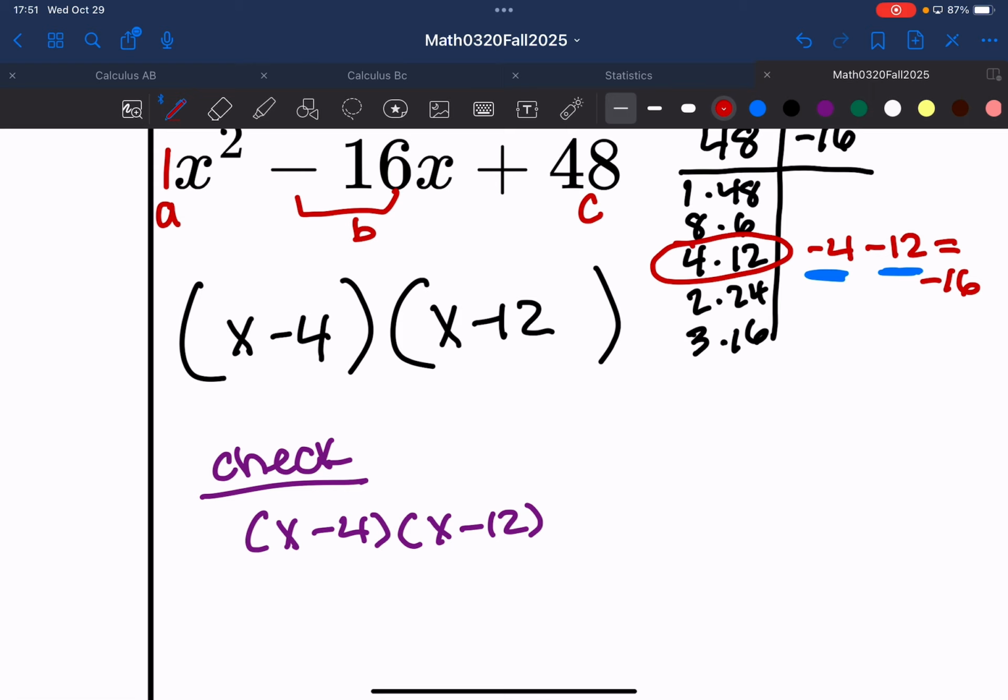Yes, okay. So FOIL method, it stands for something. You don't need to know really what it stands for. Just know that you're taking the first term, whatever that first term is, and you're multiplying it into each of the terms. And then you take the second term and multiply it in.